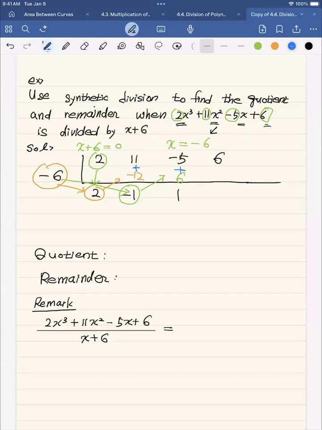And then we multiply -6 and 1 and write here. Then we have -6 here. When we add them up, we will have 0. What does that mean? The remainder is 0.